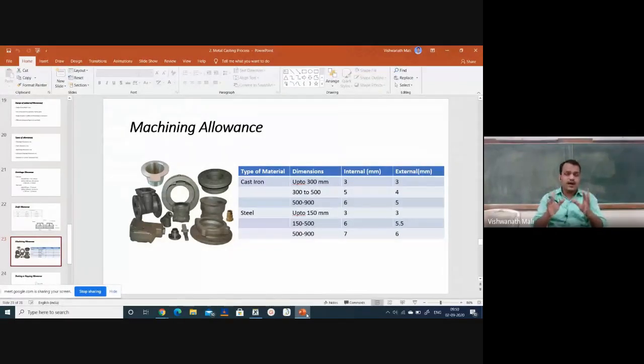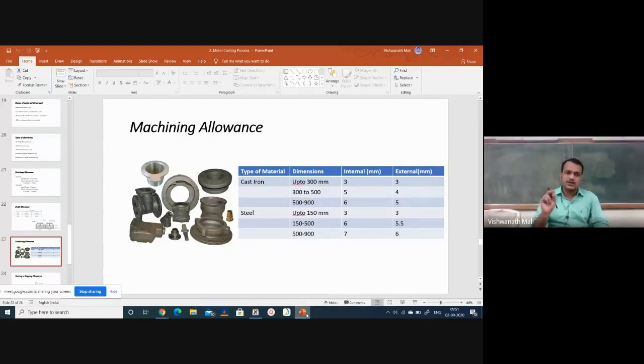If your part does not have vertical edges, you can neglect the draft allowance. But in every part, you need to consider shrinkage allowance plus machining allowance, because we are going to machine that part. If machining is not there, then you can avoid the machining allowance.